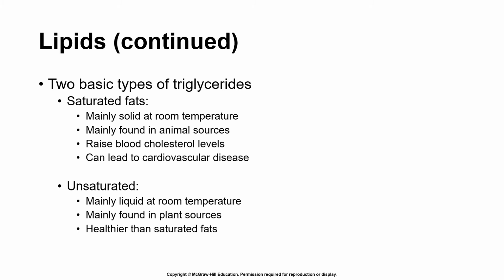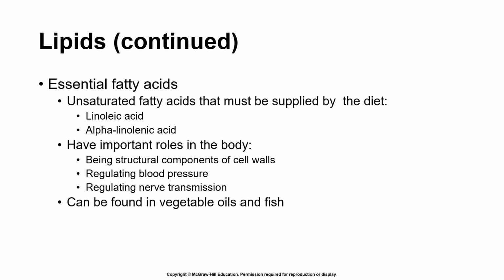The unsaturated fats are mainly liquid at room temperature, are mainly found in plant sources, and are healthier than saturated fats. So here, think of olive oil compared to bacon, which would be a saturated fat.